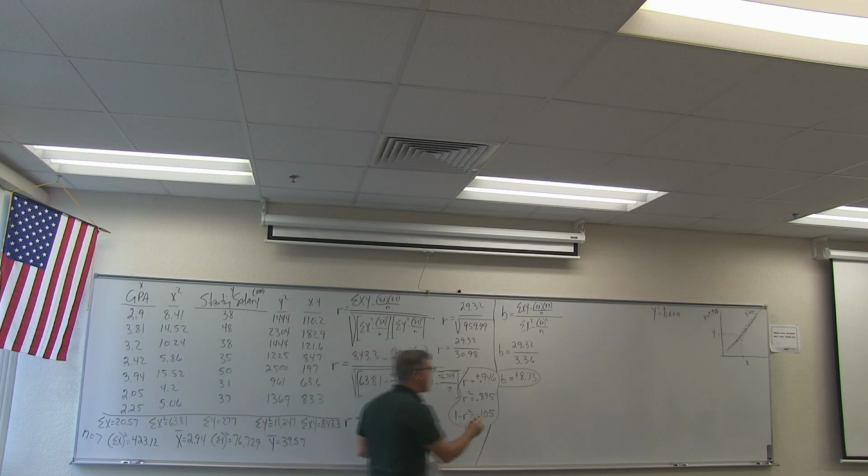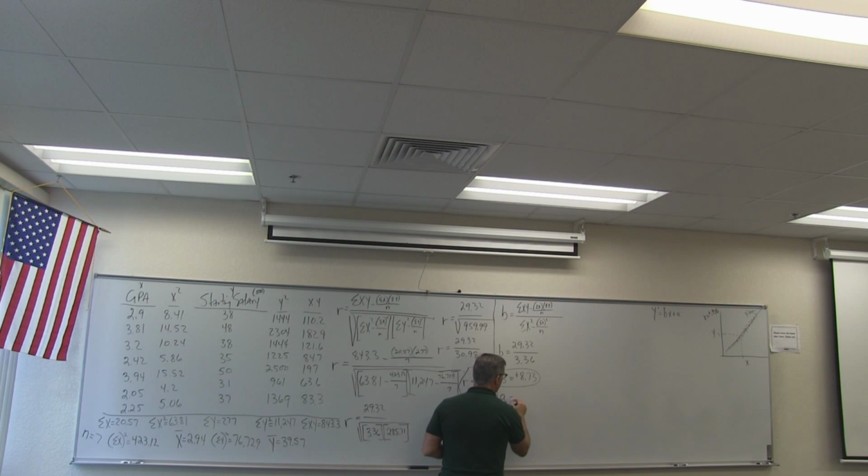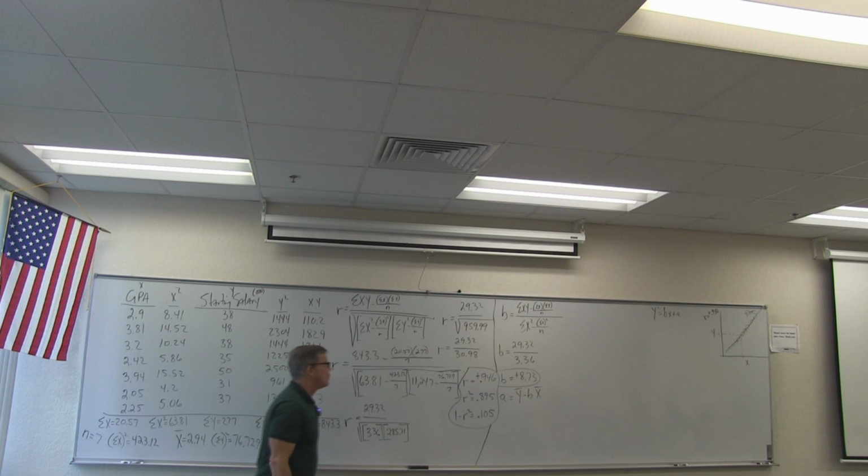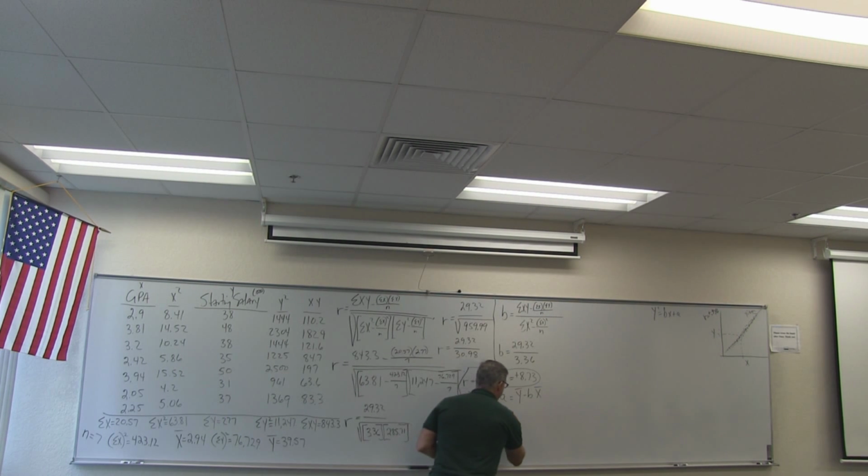We'll then compute a, the y-intercept. We know that to be the mean of y minus the b we just computed times the mean of x. And we have all our information here.